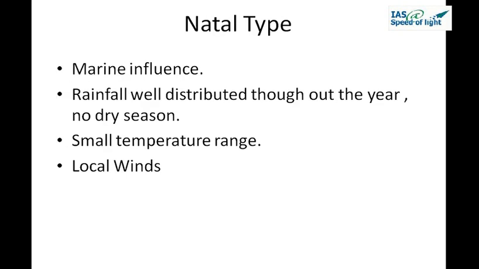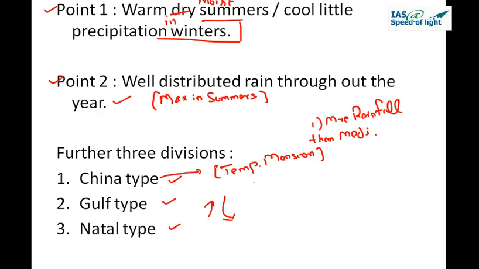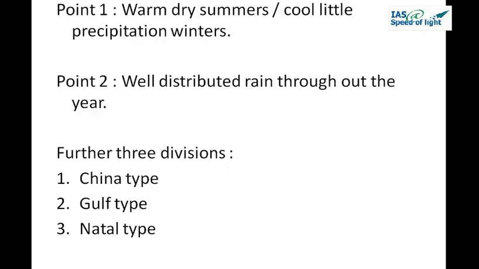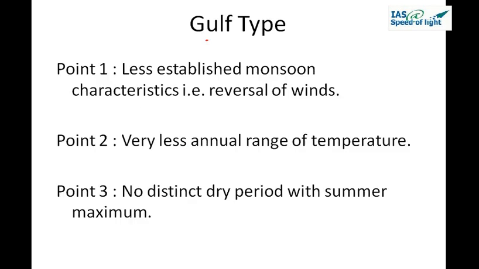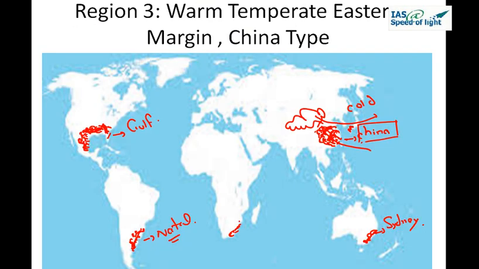Natal type, in the southern hemisphere, these regions are going to have marine influence. Rainfall well distributed throughout the year, no dry season, a small temperature range, and some local winds, which we can show here. In South America, a local wind known as Pampero.